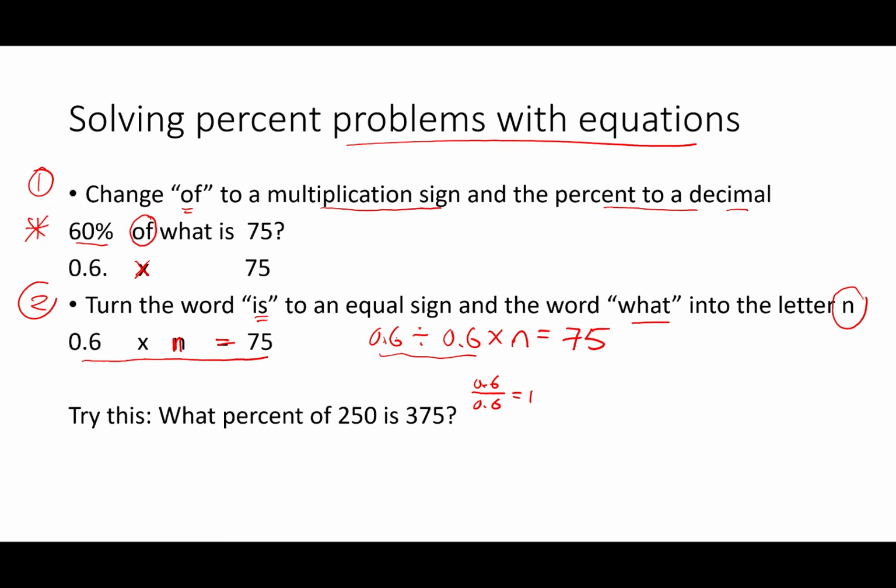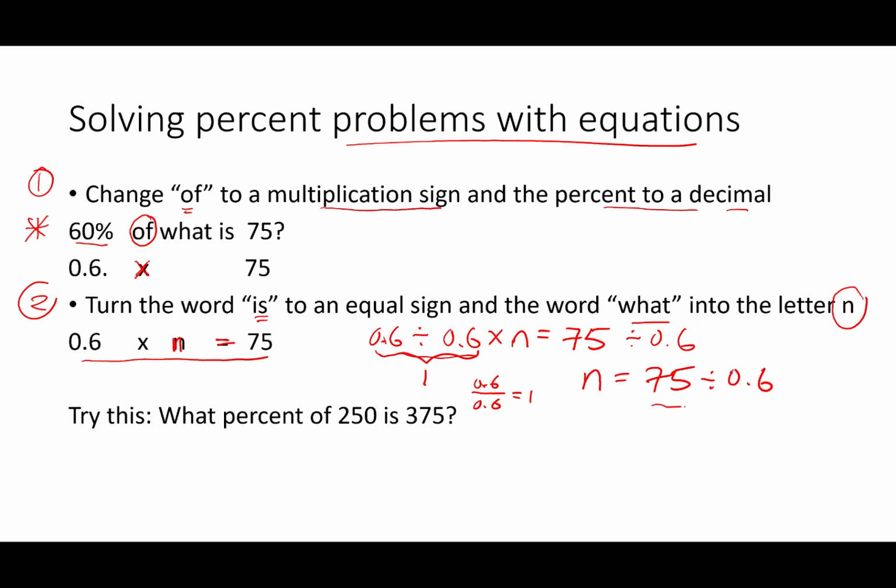If we divide by 0.6 on the left, we need to do the same on the right as well. So the left side leaves us with n, and we have n equal to 75 divided by 0.6.